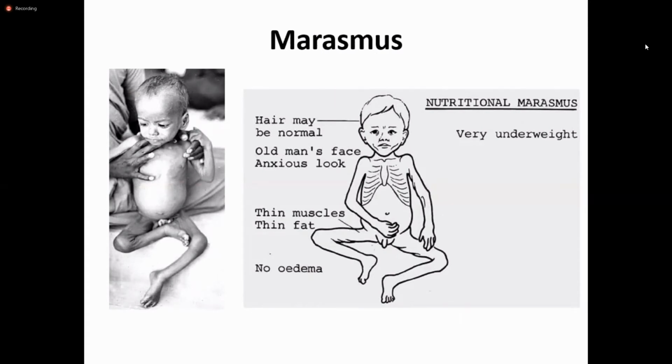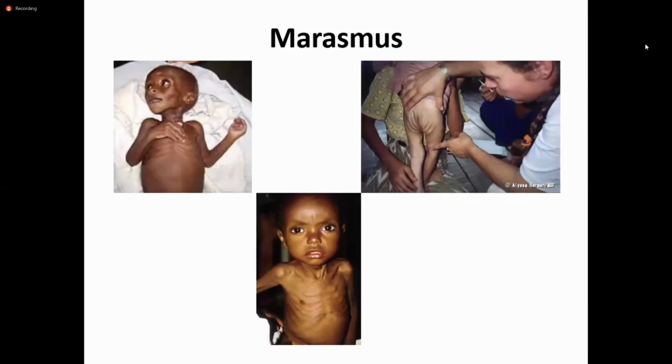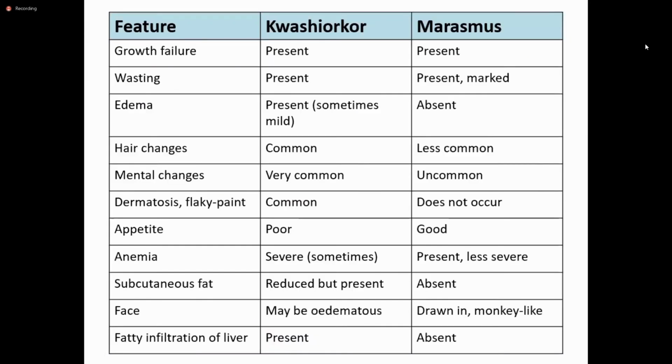And in this form of severe malnutrition, there will not be edema and the child is not irritable. Okay, so in this photograph, you can see the child looks very much emaciated. Ribs are so much visible. Skin folds are loosened and appearing like an old man.